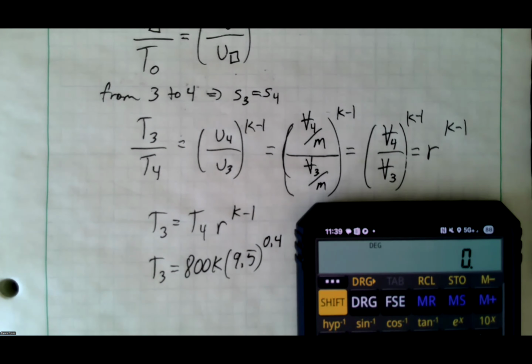So I've got 800 kelvins multiplied, and let's actually do this first. Let's do 9.5 raised to the power of 0.4 equals, and I need to multiply that by 800 kelvins.